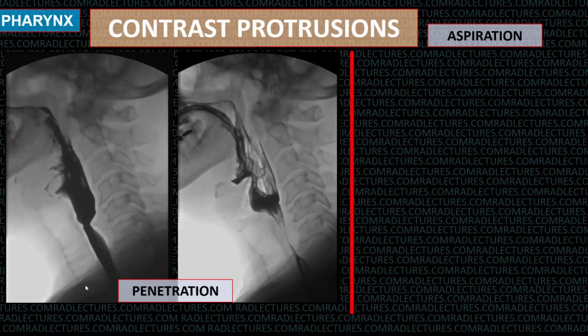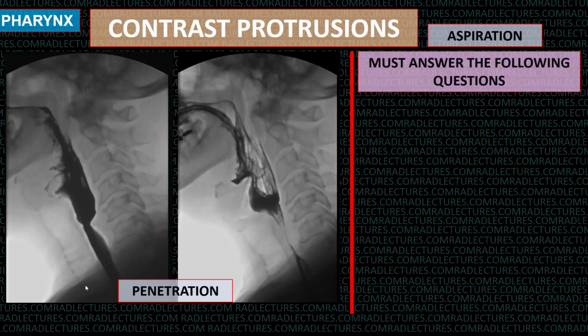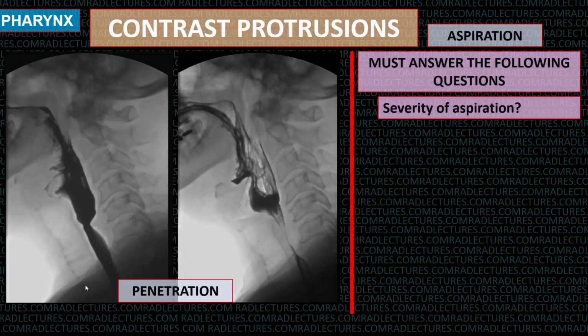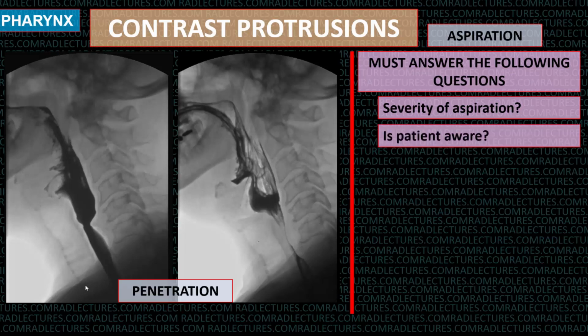Now, whenever you see an aspiration, what are the questions that you must ask and answer? One is, you must find out what is the severity of aspiration, because anybody who is aspirating more than 10% of the bolus cannot be fed because they will develop pneumonia. Second thing is, is the patient aware of aspiration? Usually when the patient aspirates, they will start coughing.